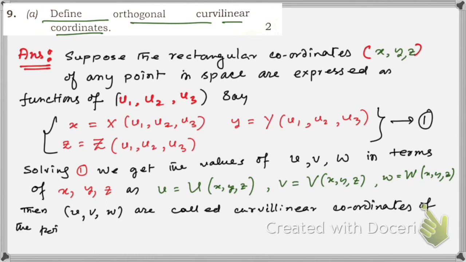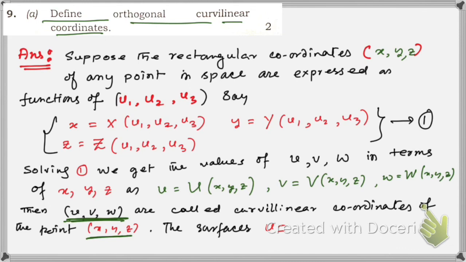Now here you see, these are called curvilinear coordinates of this Cartesian coordinate x, y, z, right? So these are u, v, w, these three are curvilinear coordinates.